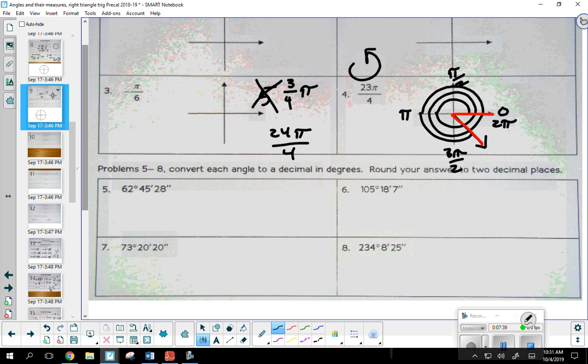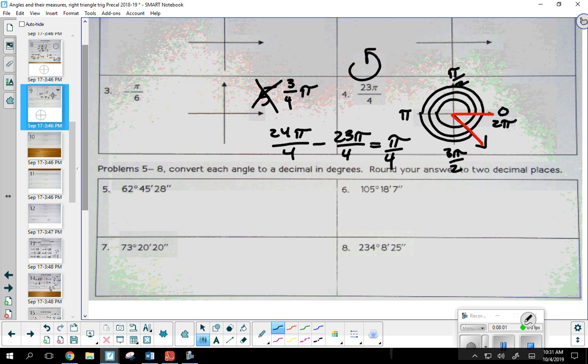So all I did was rotate it to make another full revolution. Well, what can I do with those values? I can take the difference. Okay, so 24/4 pi minus 23 pi over 4, we have a reference angle of pi over 4.